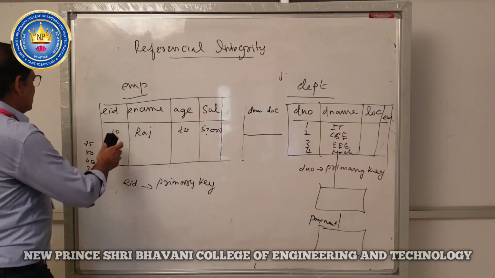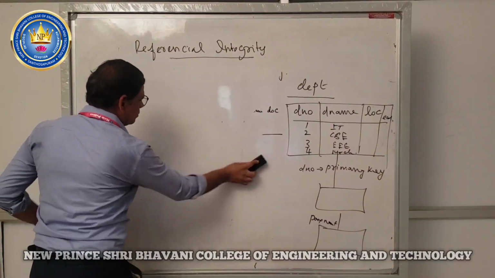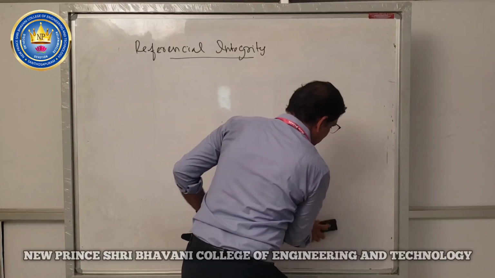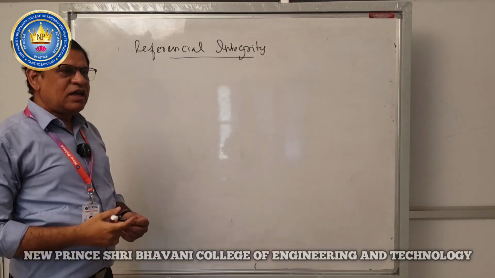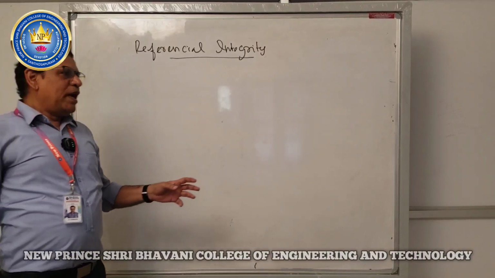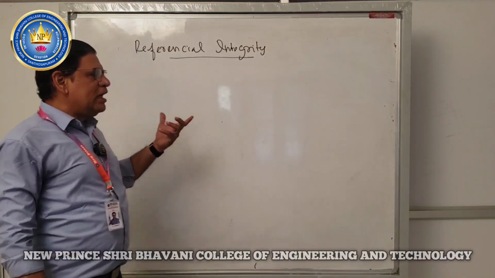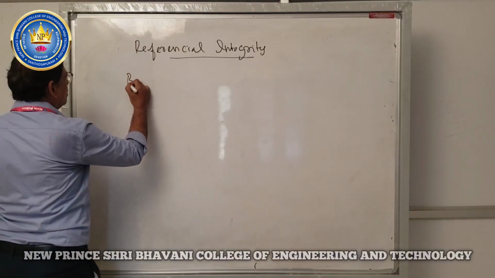Consider another example, banking. In this, we have one entity called branch, and another entity called account.